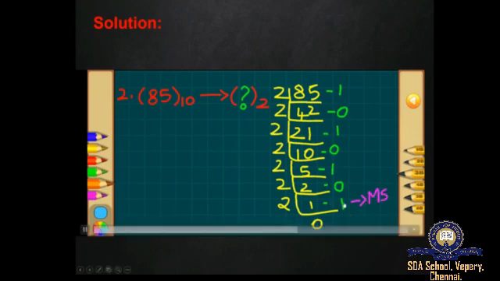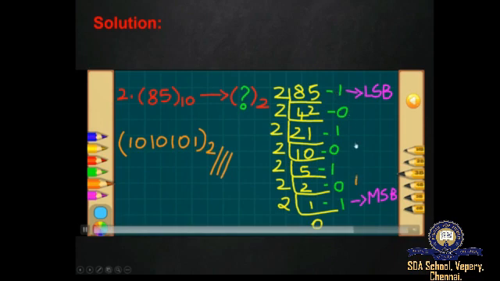So this is the most significant bit and this is the least significant bit. Now 1 0 1 0 1 0 1 with the base value 2, we have to arrange from MSB to LSB. This is our solution. If you do not understand, please watch it again.